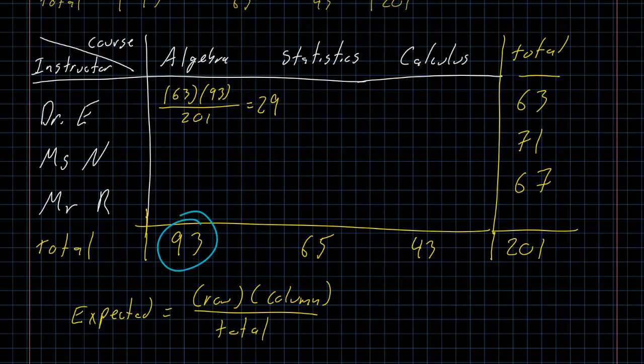So the percentage of students who took Dr. E multiplied by the total number of students who took algebra gives us the expected number of students who took Dr. E and algebra, 29 in this case.